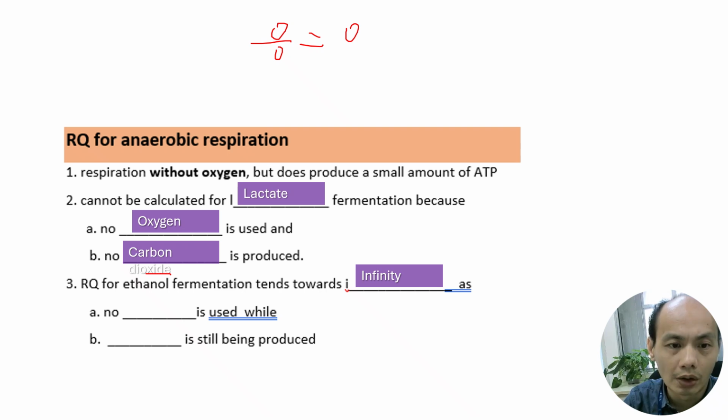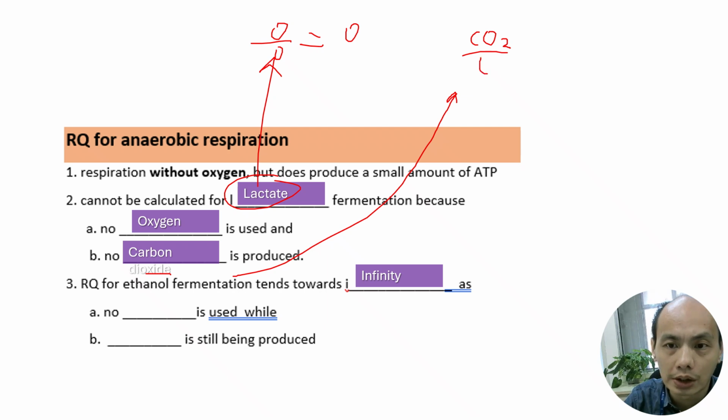That is for lactate. But in alcohol fermentation, carbon dioxide is being produced, am I right? But no oxygen, 0. A certain number divided by 0 is infinity. So the RQ for ethanol fermentation tends towards infinity as no oxygen is used while carbon dioxide is still being produced.